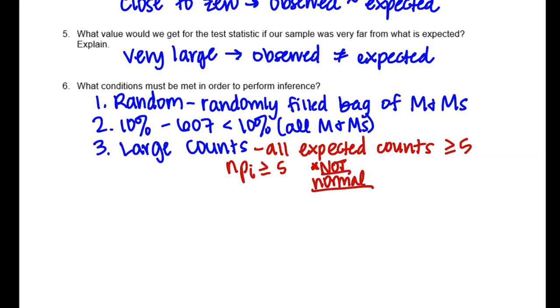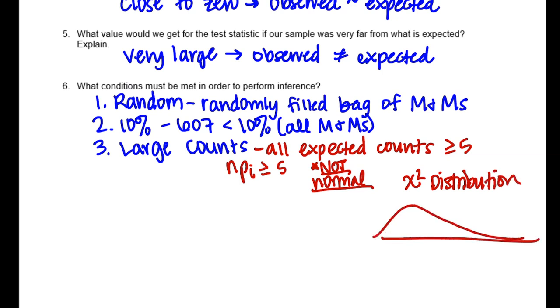So a chi-square distribution, I'm going to teach you a little bit about that right here, is skewed to the right. It starts at usually 0. It's always positive.